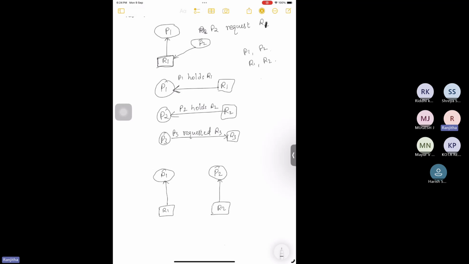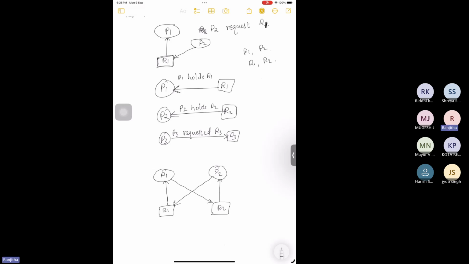Okay. Now, at the same time, P1 is holding R1. At the same time, P1 has also requested R2. And also, P2, while holding R2, has requested R1.